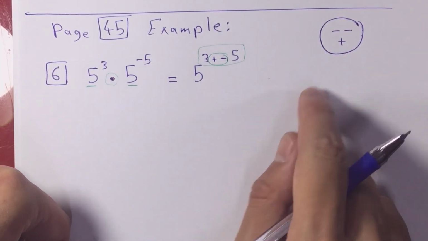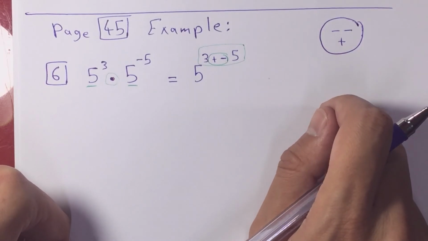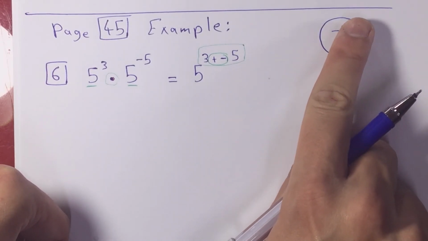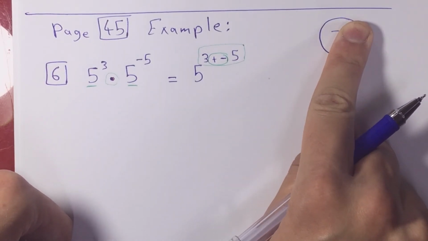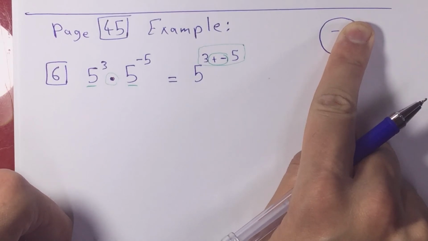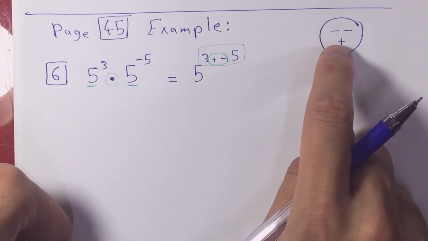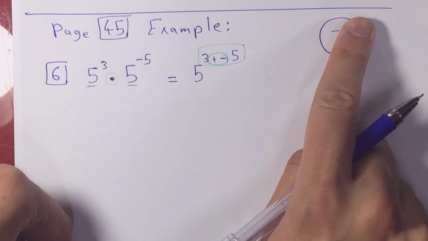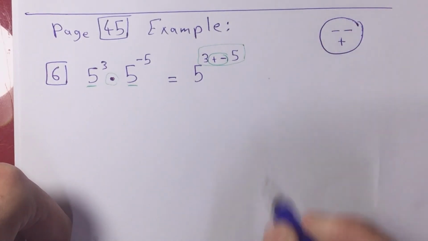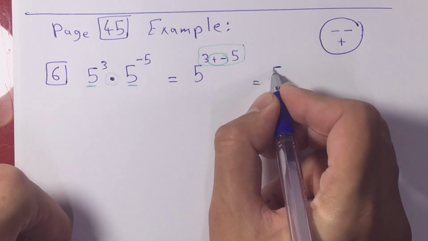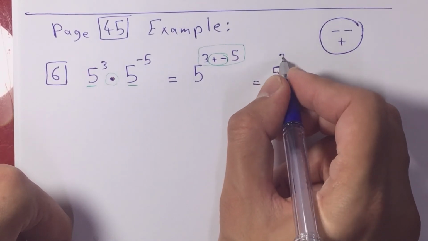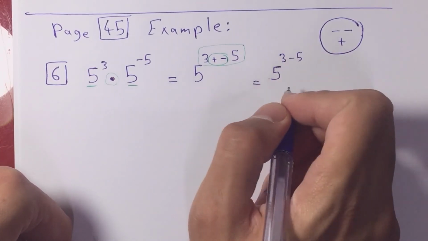We have a positive sign and a negative sign. So we combine the negative with the positive. What should be the answer? It is negative. Positive with a negative gives us a negative. So we can rewrite this as 5 to the power of 3 minus 5.